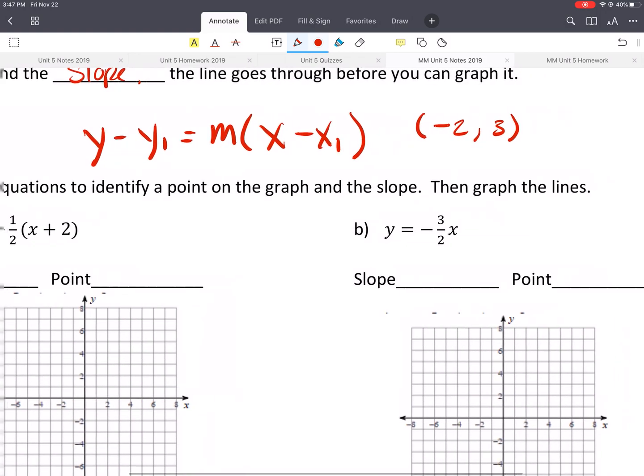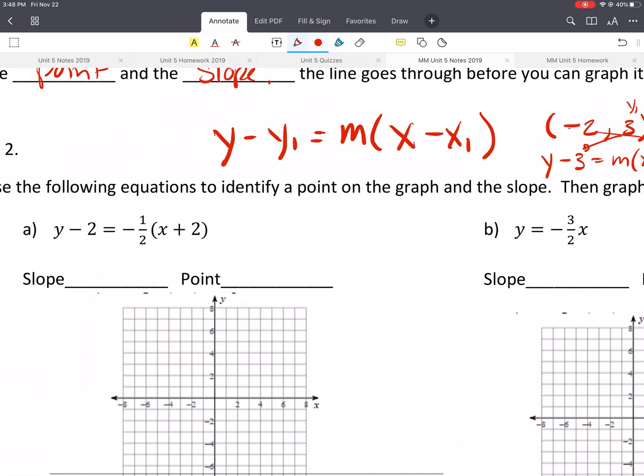So if we plug that into this equation, we'd always do y minus y1, here would be 3, equals m, whatever that is, and then we'd do x minus a -2 would give you a +2. All right, so if you notice that when we plug these in, it's changing its sign. So 3 turns to -3, -2 turns into a +2.